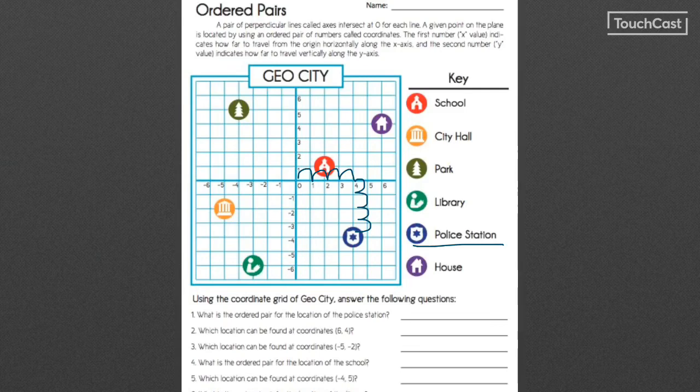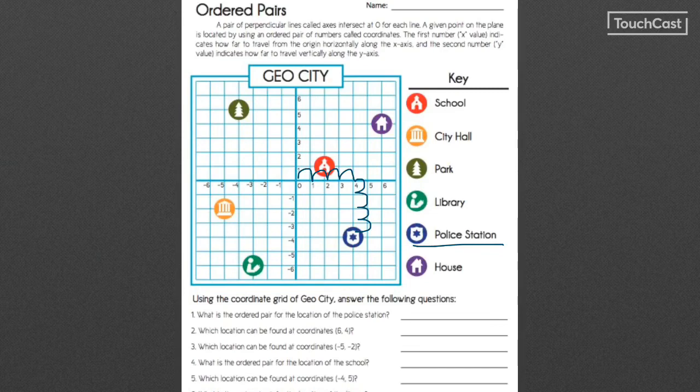For this first problem, I want us to locate the police station. We see the police station is the blue symbol with the shield on it, or the badge. In order to get to the police station, I need to move 4 places to the right. So I need to move 4 positive places on the x-axis, and then I need to move down 4 spaces, which if I'm going down, I'm going into the negatives.